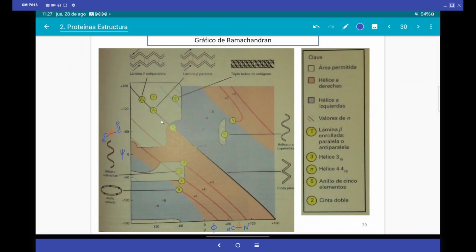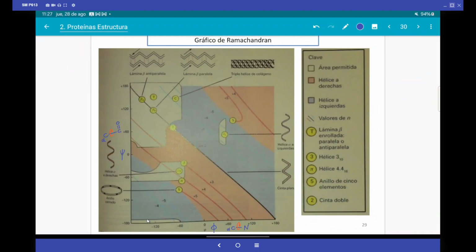This region here is a region where many dihedral angles of many proteins fall. The same as this one, and the same down here that you can barely see. So how many allowed areas do we have? 1, 2, 3, 4. Most proteins have their dihedral angles in these allowed areas.